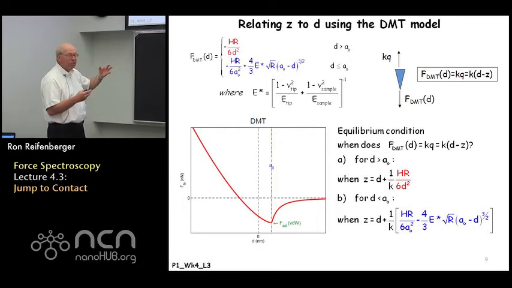at least as a theoretical exercise, because I can specify an H, I can specify an R, the radius of a tip, and I can specify an effective modulus E star. I can guess what A0 is. A0 is going to be on the order of 0.3 nanometers. That's typically the separation between 2 atoms.